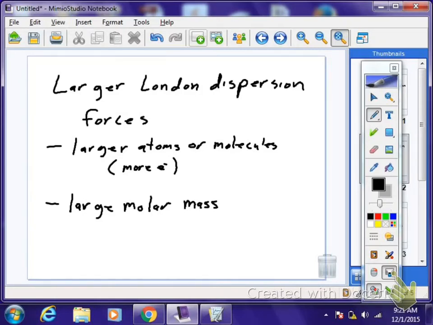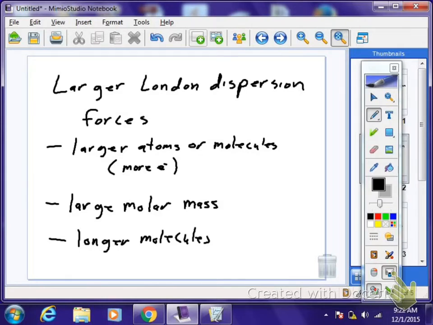The last one kind of goes along with the first one, but it has to do with the length of the molecule. We can have larger atoms and larger molecules by weight, like the molar mass, but we can also have longer molecules. That's going to be really important.